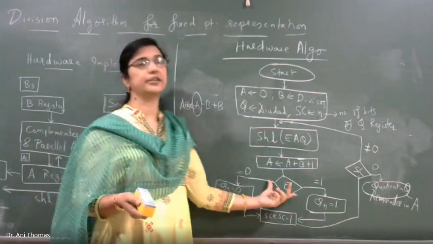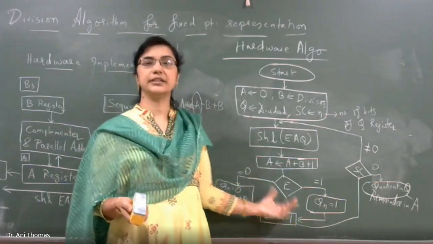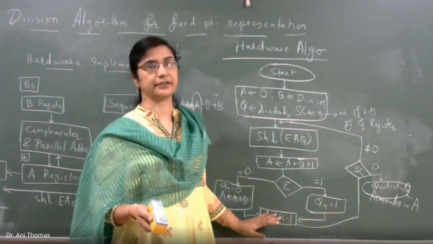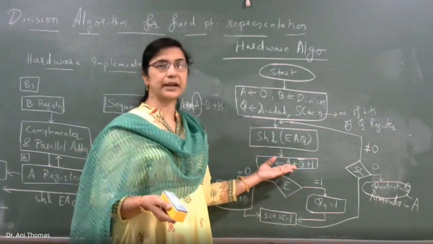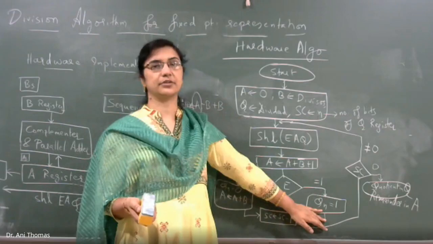If E is 1, we have to subtract. If E is 0, we don't have to subtract, since we have already subtracted. So if E is 1, we are not doing anything. We are assigning Qn is equal to 1.